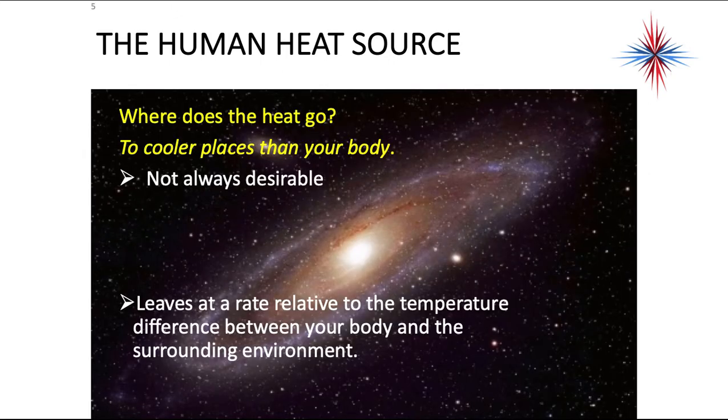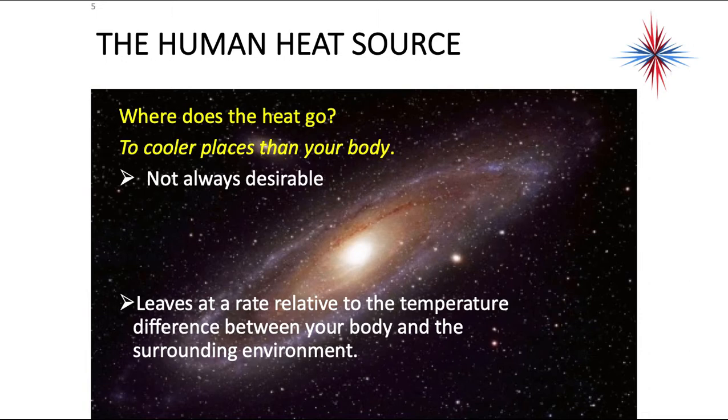So the heat leaves your body and always goes to a cooler place than your body. This isn't always desirable, and it leaves at a rate that's relative to the temperature difference between your body and the surrounding environment. So let's say your body is at its normal temperature, about 97 degrees, and the surrounding temperature is at 76 degrees. That's a 20-degree temperature difference.